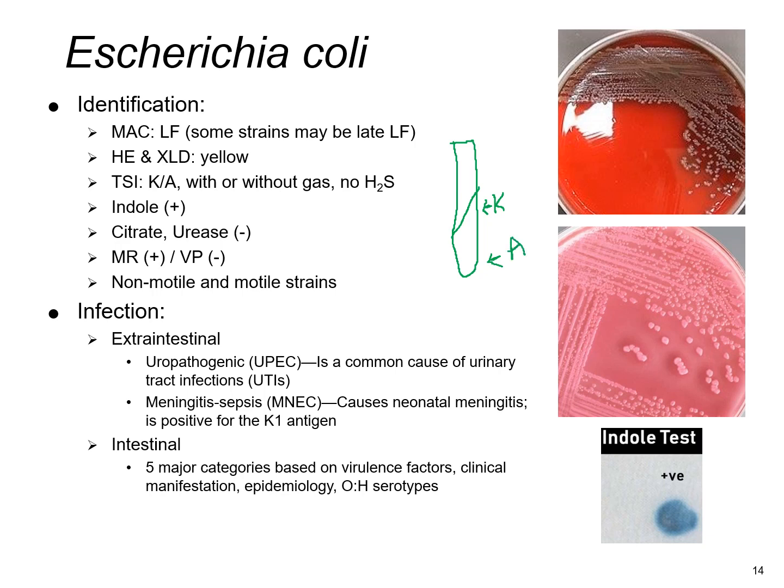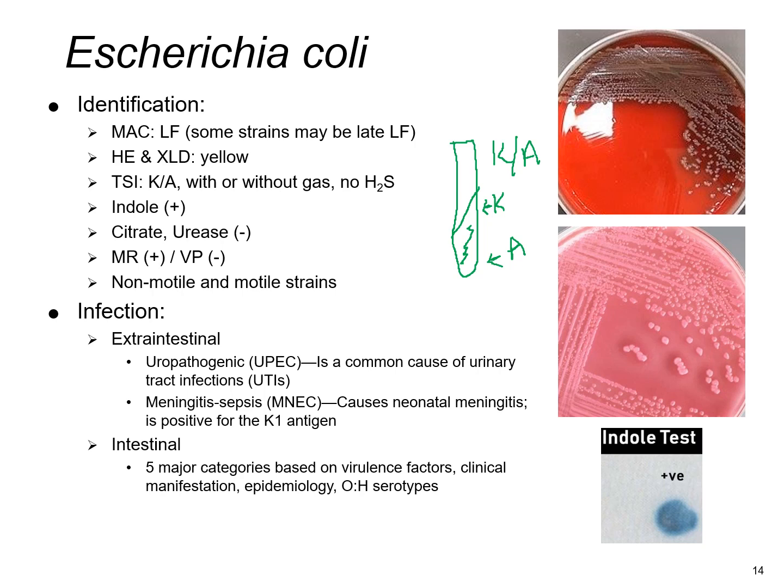So when you do the TSI, alkaline is the top part, the slant, and acid is the butt. These are with or without gas. Some of these organisms may produce gas, which means you will get a break in the agar where it produces gas, and no H2S production.